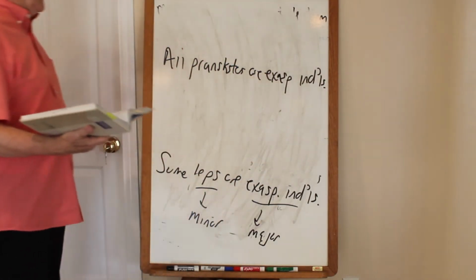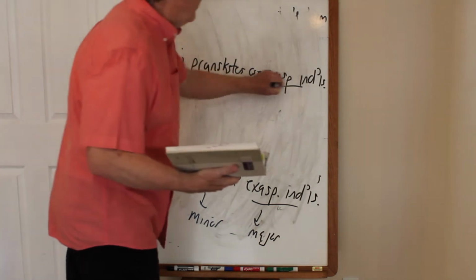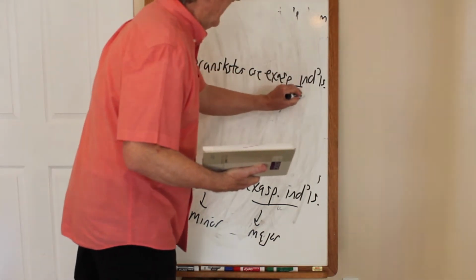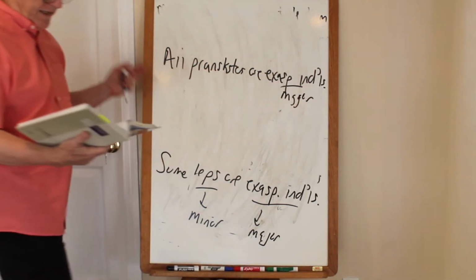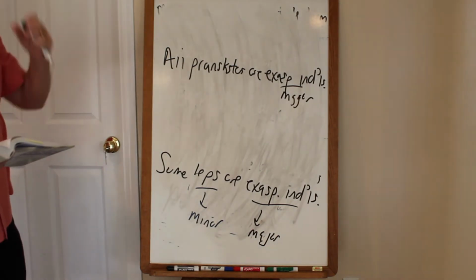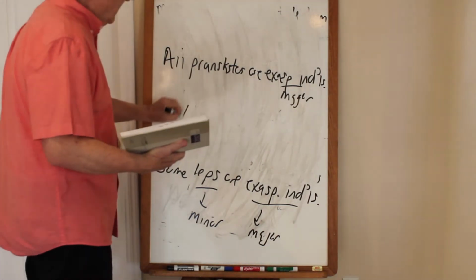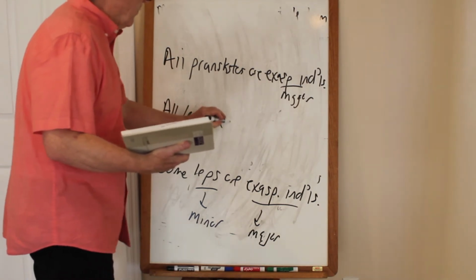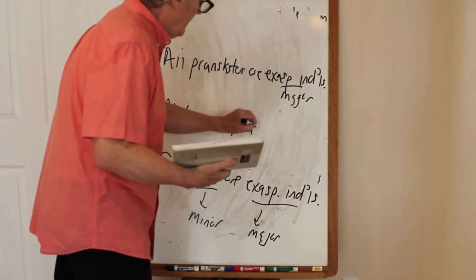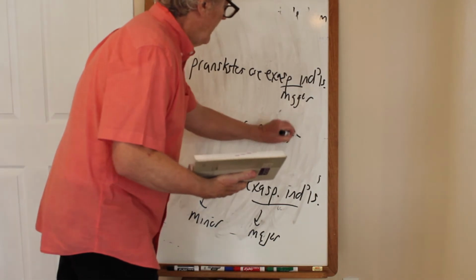Okay, now you'll notice that has the major term. That's how I knew it was the major premise. The remaining premise, therefore, must be the minor premise. All leprechauns are pranksters. Okay.